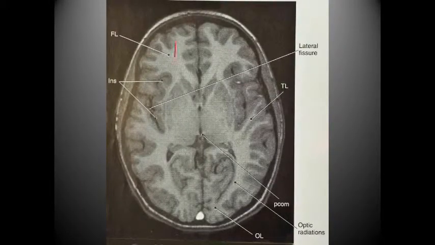Here we have the frontal lobe, making up this area here of the temporal lobe, and the occipital lobe, making up the posterior segment. Here we have posterior commissure. Around here would be the pineal gland, occipital horns of the lateral ventricle.